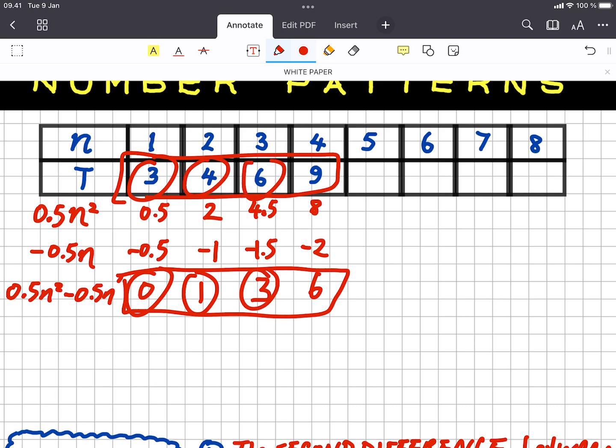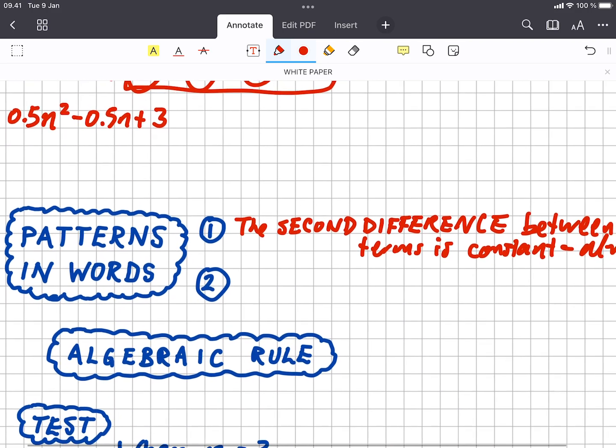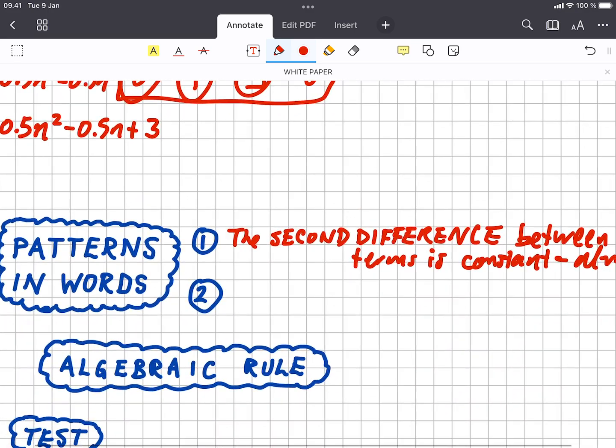We're getting 3 when we want 6. Clearly we're 3 short every time. So if we just add 3 to all of those and make our rule 0.5 n squared minus 0.5 n plus 3, then that should do the trick. So, algebraic rule, t equals 0.5 n squared minus 0.5 n plus 3.